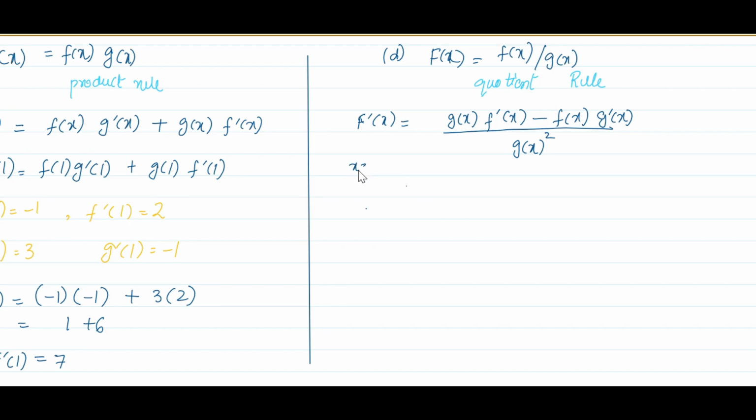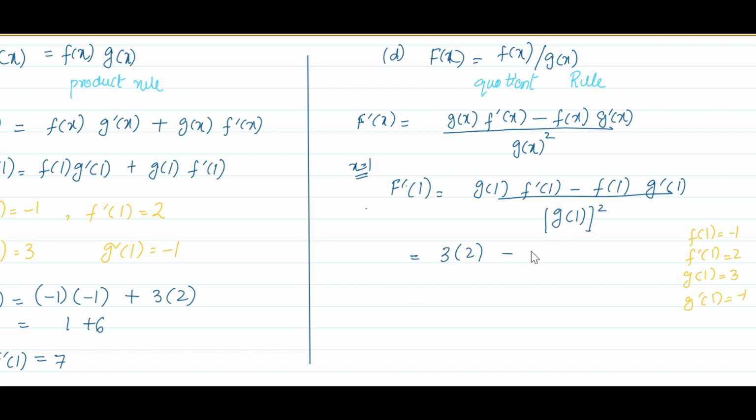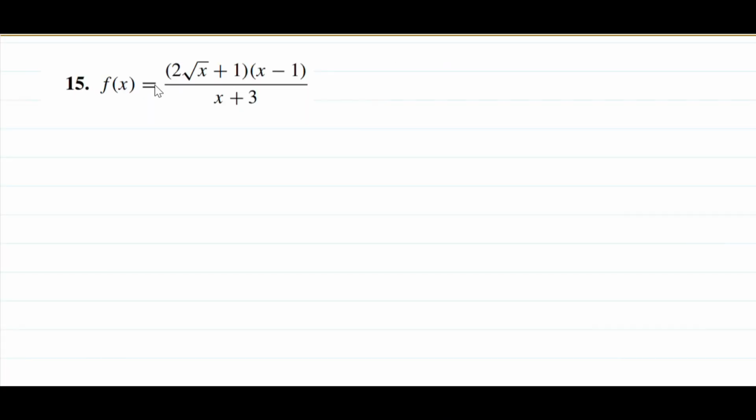And now plug x is equal to 1 in the formula, and plugging the given values into the function and simplifying, you have 5 by 9. This is your answer.